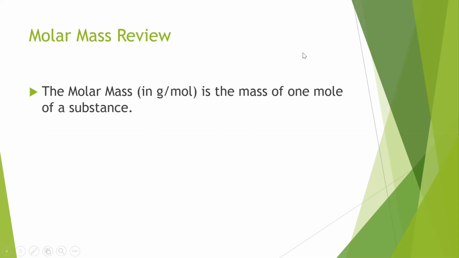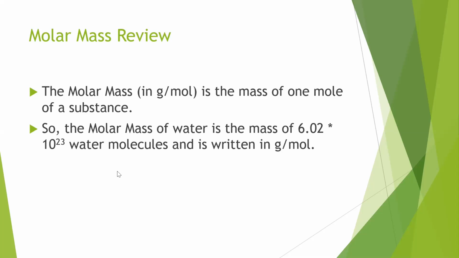Now we're going to review molar mass, which is a number in grams per mole. It's the mass of 1 mole of a substance. So the molar mass of gold is how much 1 mole of gold atoms weighs in grams. Another example: the molar mass of water is the mass of 6.02 times 10 to the 23rd water molecules.